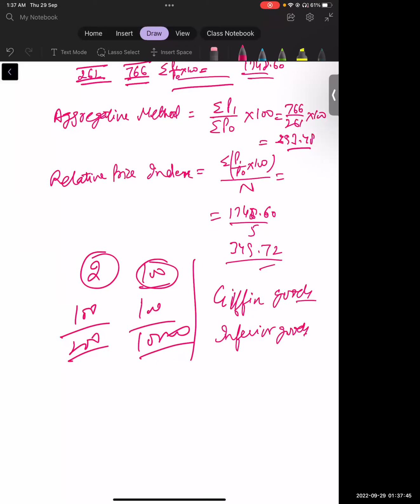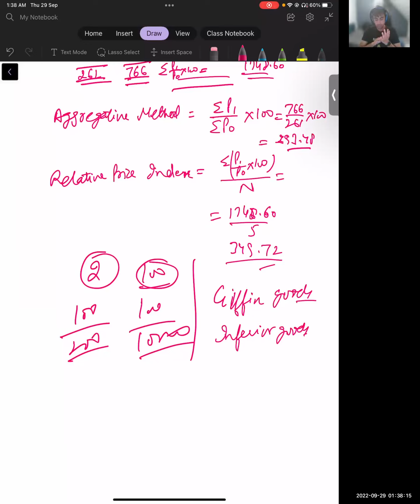No. The Giffen goods are those goods. If a general example is taken, if I ask you a simple question, if the income of a person is rising, what will be the impact on its demand? Whether demand will rise or demand will fall? It will rise. When the income of a person rises, the demand will rise.